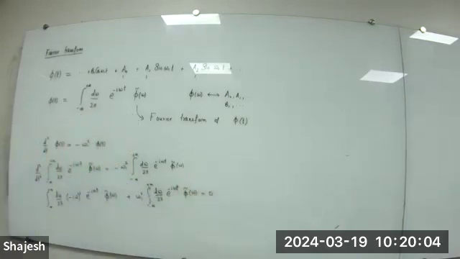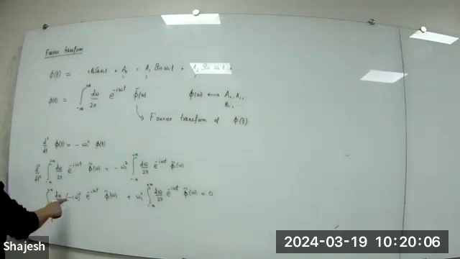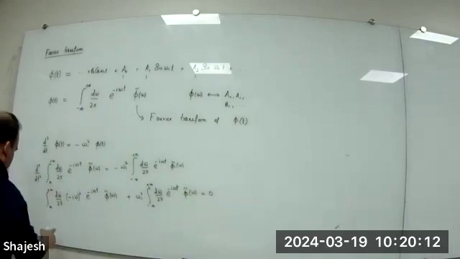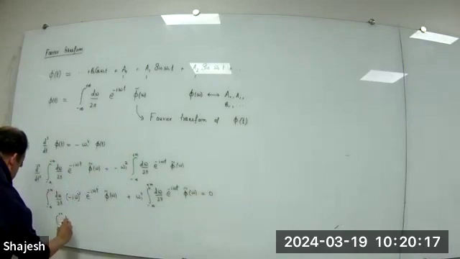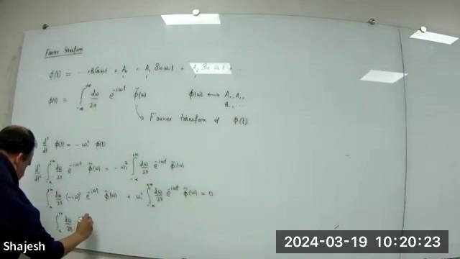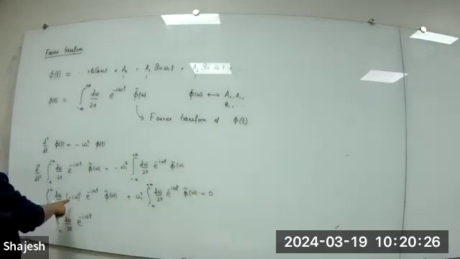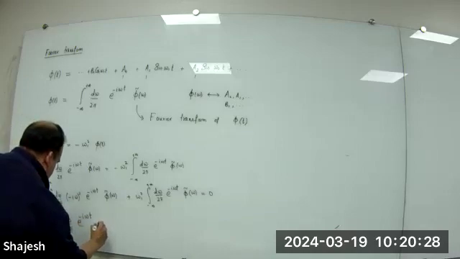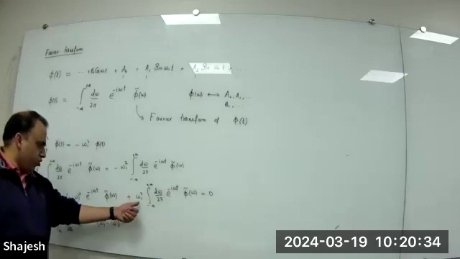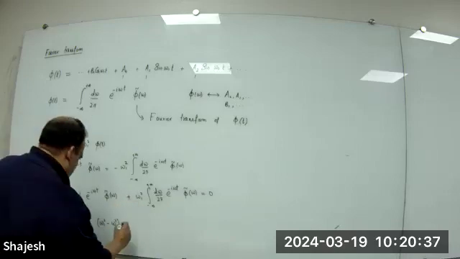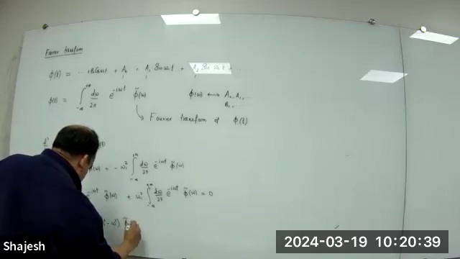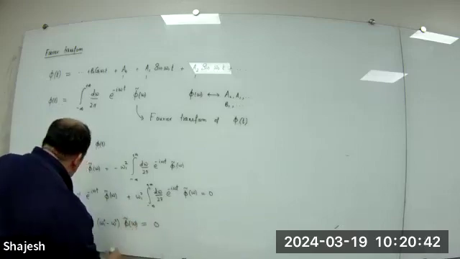Observe, minus i square is so this can be written as the integral from minus infinity to plus infinity of omega 1 square minus omega square, times phi tilde of omega, equal to 0. I changed the order: first wrote omega 1, then wrote minus omega square.